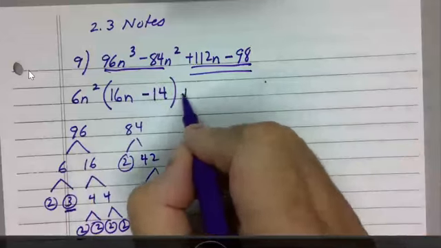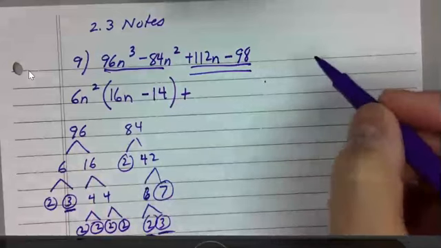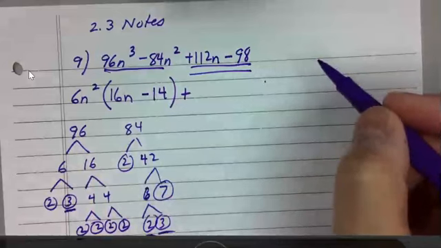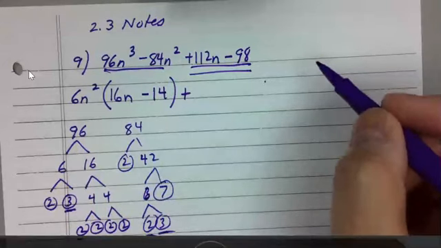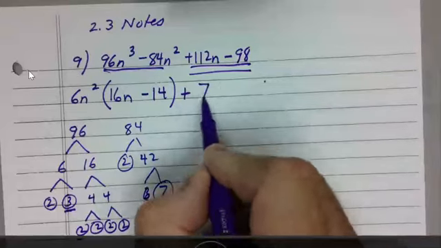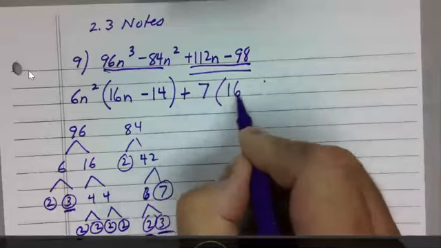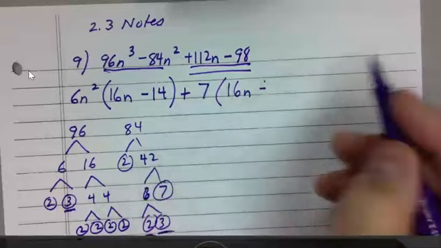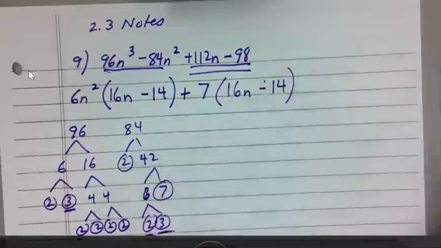And this last one I'm going to factor out a 7, and that ends up giving me 16n minus 14 as well.